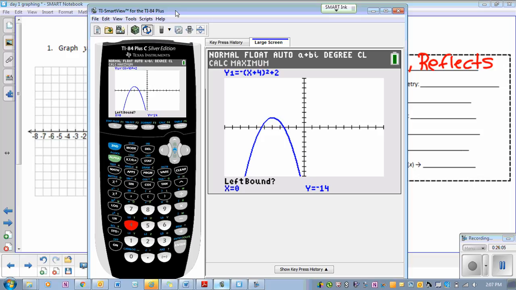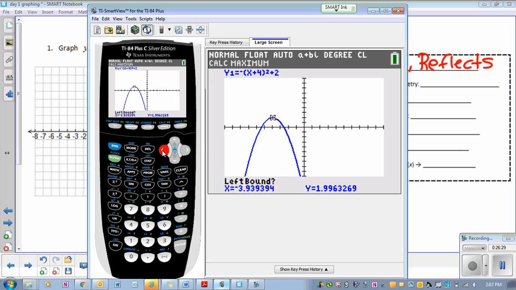Negative 14 on my y-axis is like way down here. That tells me that's where blinking bob is. So I'm going to hit the left arrow so I can get blinking bob, dancing bob, whatever. Okay? That is what I want, the vertex, right? The maximum. So I'm going to put blinking bob on the maximum, and that is the starting point.